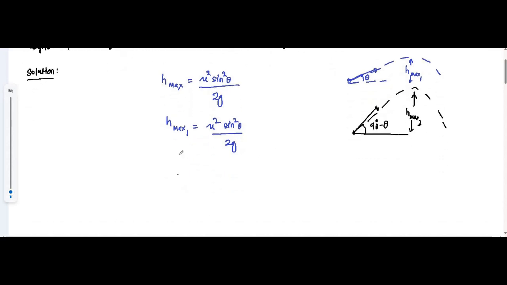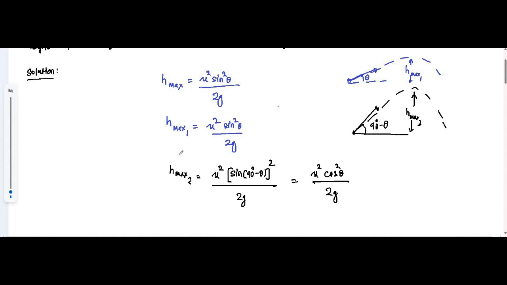H max 2 is equal to u square sine square of 90 degree minus theta by 2g, which is equal to, since sine 90 degree minus theta is cos theta, u square cos square theta by 2g. Okay, we'll make the substitutions later, not now.